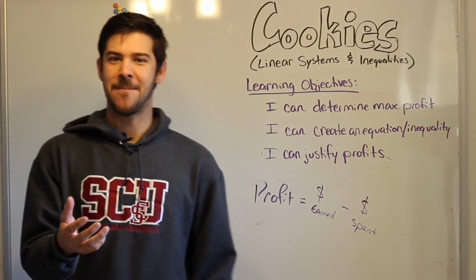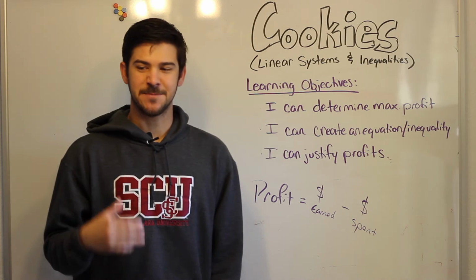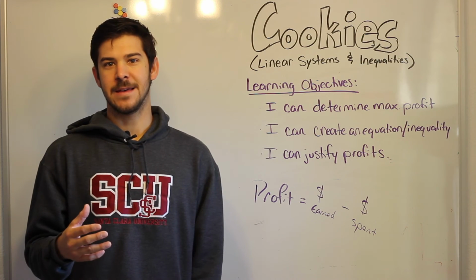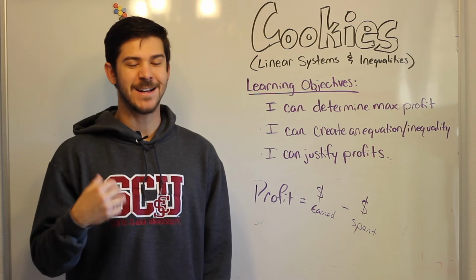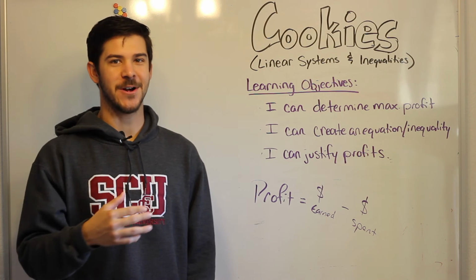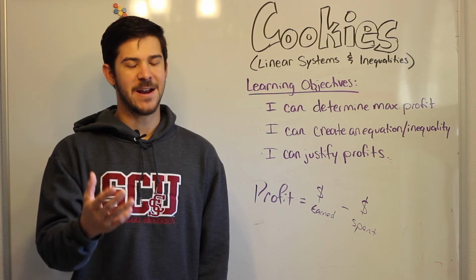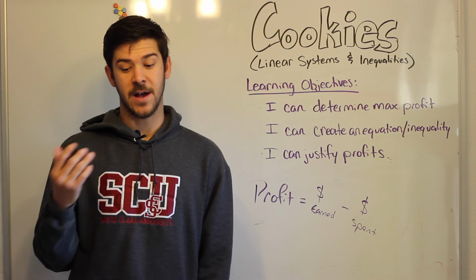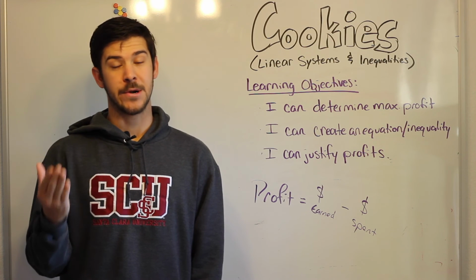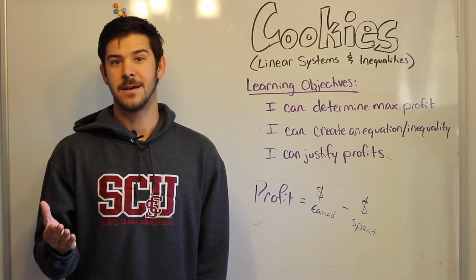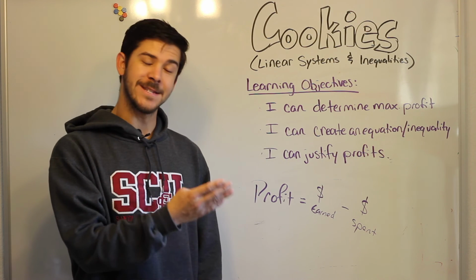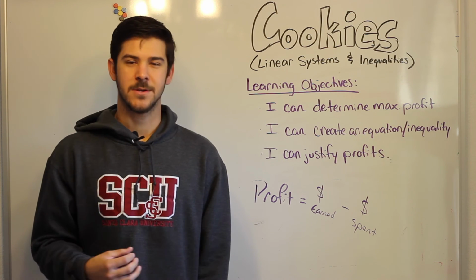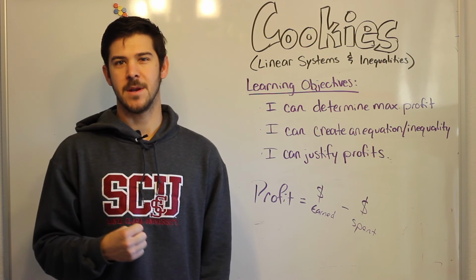If I wanted to buy a pair of shoes and I spent $50 on them and I made them really cool and I cleaned them up and I sold them for $100, I made a $50 profit. Here you're going to figure out, based off of how much money they use per dozen cookies to make and how much they earn based off of the dozen cookies, what would be their total profit. That's your assignment number 1.